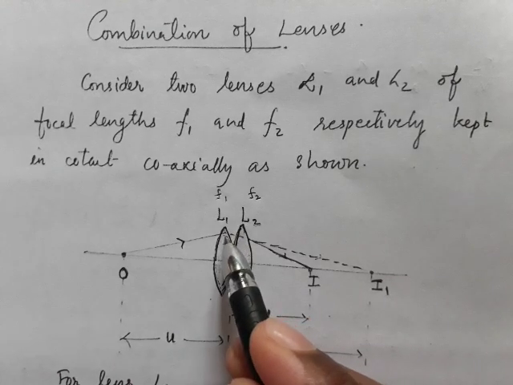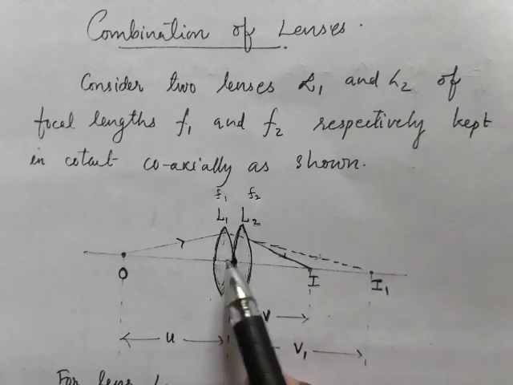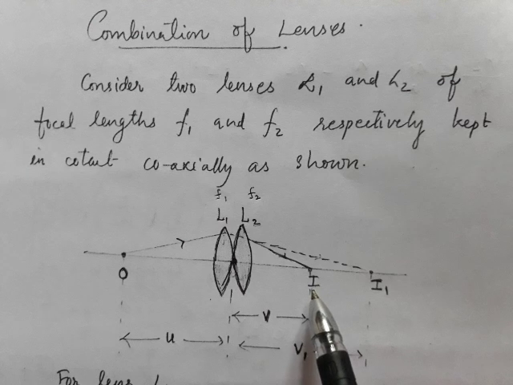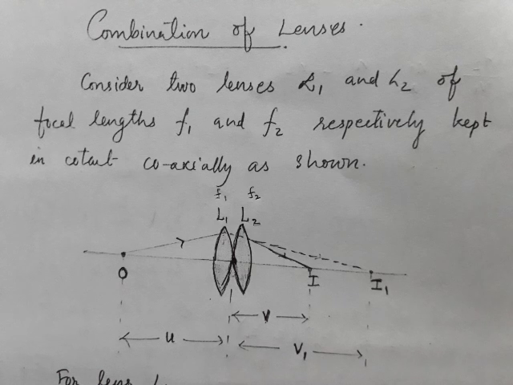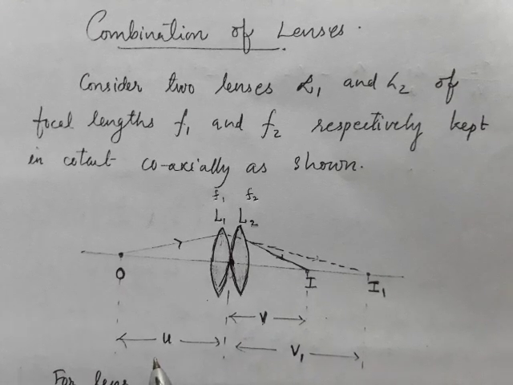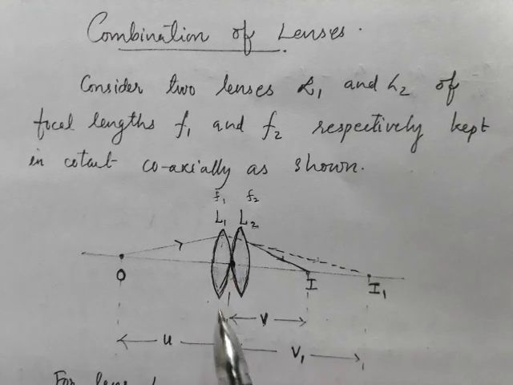Light from the object first passes through the lens L1, then it passes through L2, and a final image is formed here, I, at a distance v from the center of the two lenses. So let the object distance be u, and the object distance is measured from the center of the two lenses.